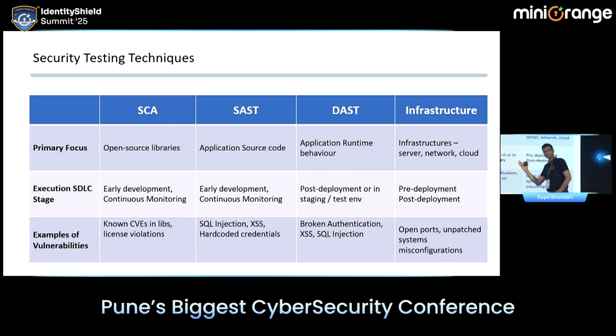This SCA is integrated as part of your IDE as well as part of your pipeline, so that you can find all the open source related vulnerabilities during the development, right? So with SCA, you are covered from the open source related vulnerabilities.